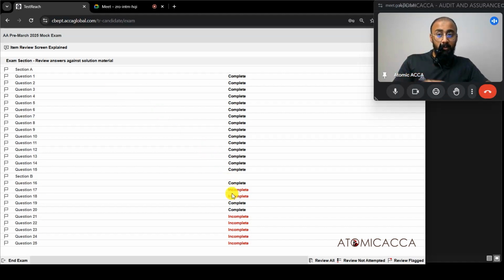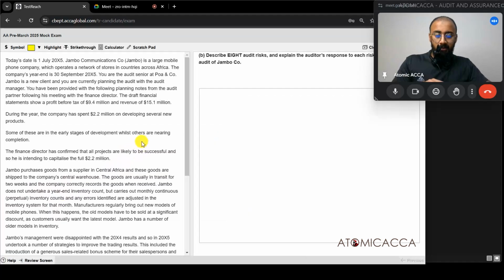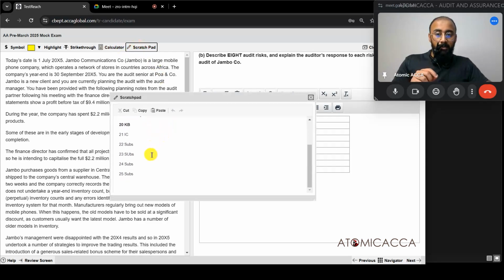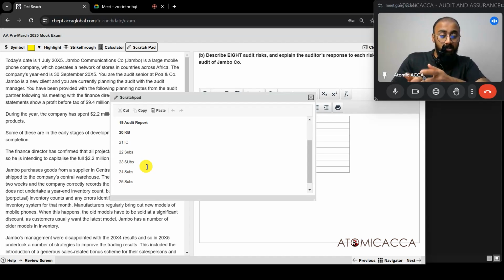Now we have to go back. Let's take some question over here, say question number 17. Next, we have to do the remaining questions. What are the remaining questions we have? We have box questions and we have substantive procedure. Most students will be really familiar with the substantive procedures. So you can finish the box questions next and then do the substantive procedure.